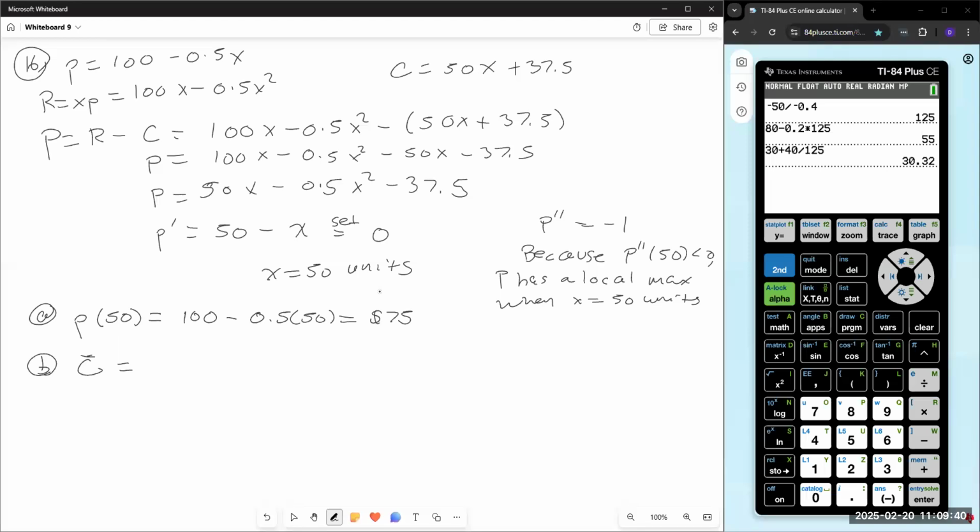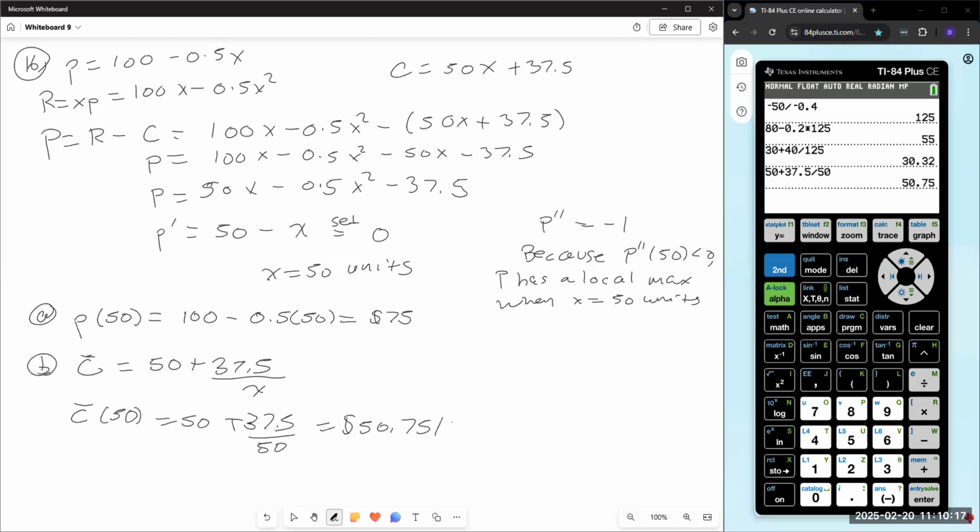So average cost will be 50 plus 37.5 over x, and C bar of 50 is going to be 50 plus 37.5 divided by 50. 50 plus 37.5 divided by 50 is $50.75 per unit of production. Let's look now at number 17.